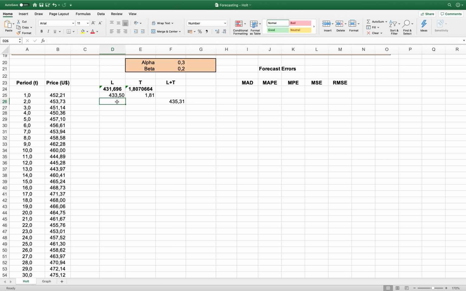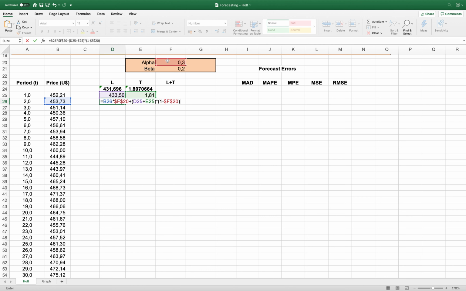For the smoothing, you take the actual level, that is the observed price, times the smoothing parameter of the level, the alpha, fixing it, plus the forecasted level of period 2, which is, as we did before, the level plus the trend, and we multiply that by 1 minus the alpha, fixing it.